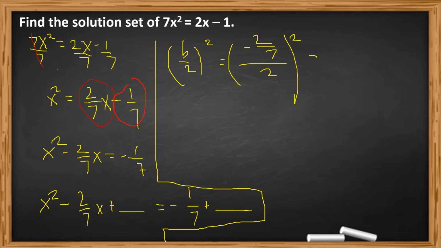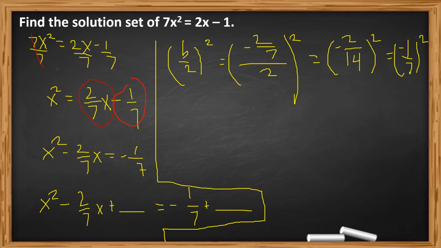So equals negative 2 over 7 divided by 2 can be simplified as negative 2 over 14 quantity squared. And this is negative 2 over 14 can be simplified as negative 1 over 7 quantity squared.